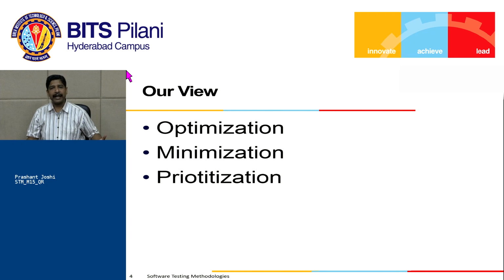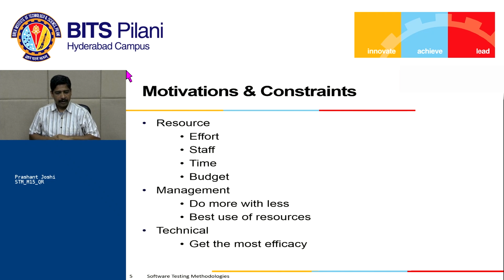So we have to employ techniques which will allow us, for a small feature, to spend only a little more than the feature's effort. Thus the motivations here are: we want optimal use of resources, to do more with less, the best use of resources, and a very efficient team.